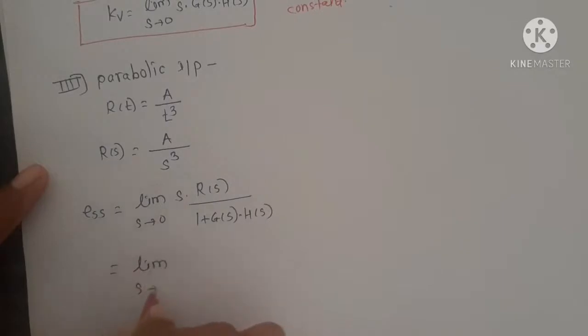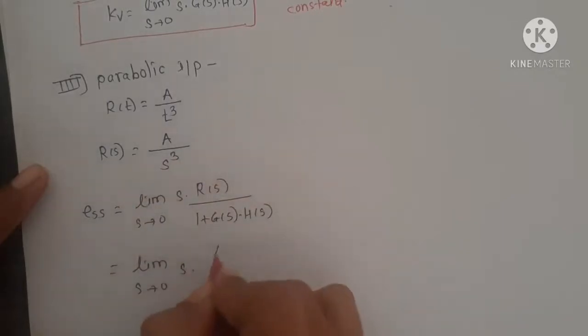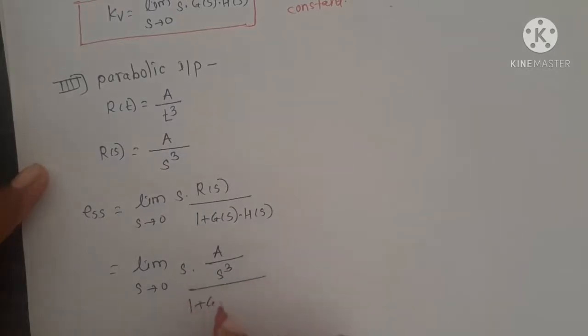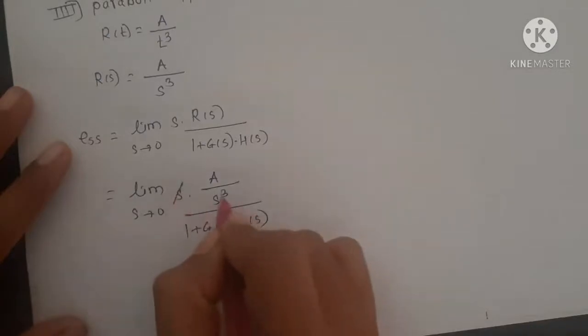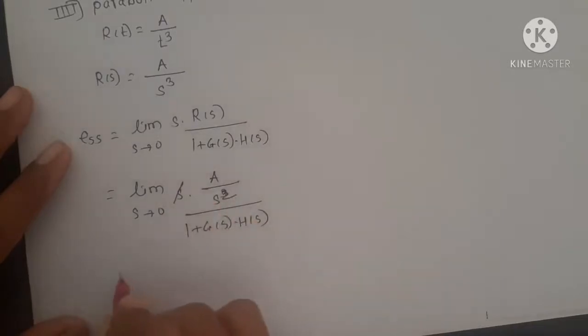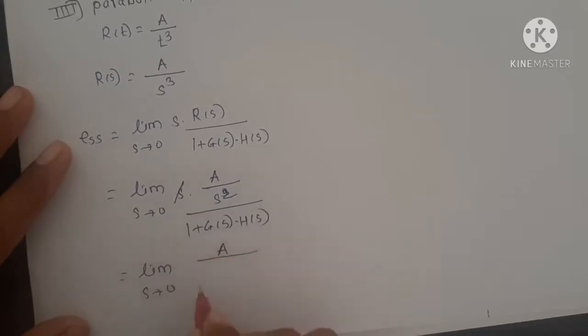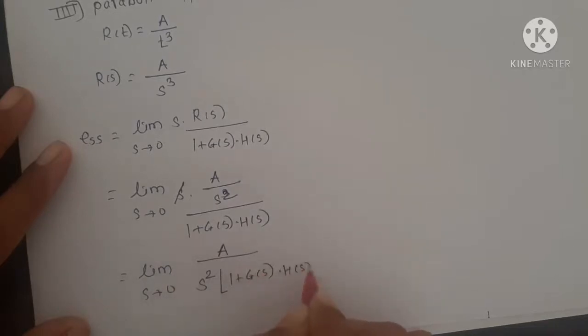So limit s tends to 0, s into R of s value is A upon s cube, 1 plus g of s into h of s. So these s terms get cancelled. After cancelling, s square remains. So limit s tends to 0, A upon s square comes to the denominator under bracket 1 plus g of s into h of s.